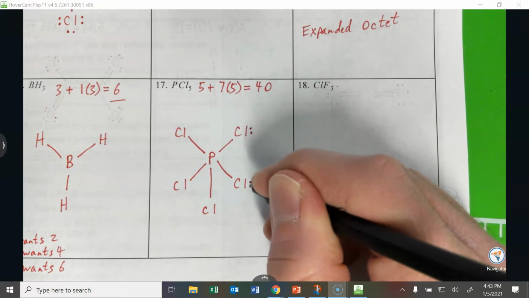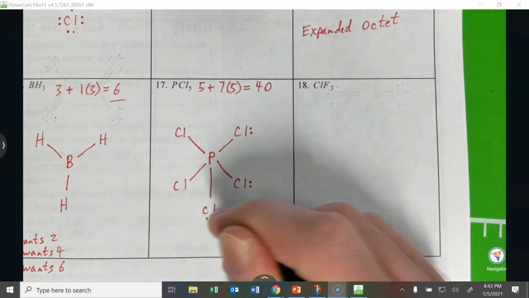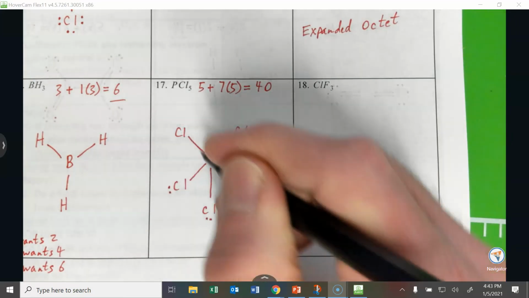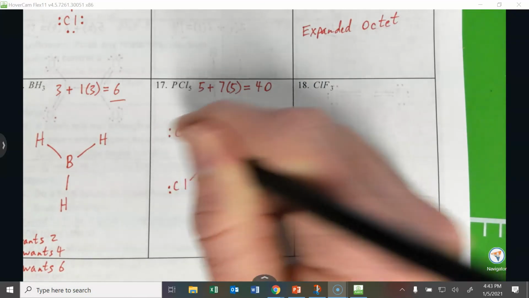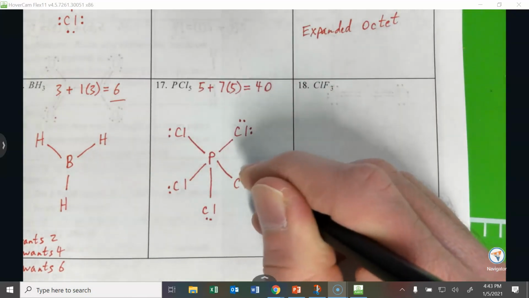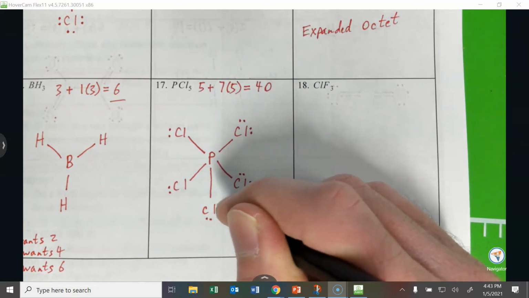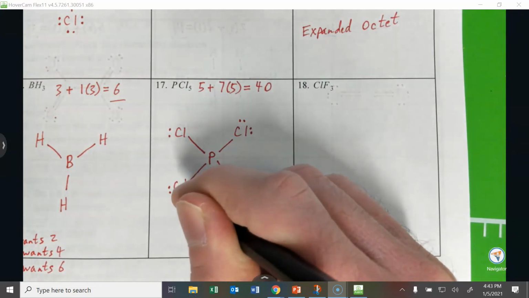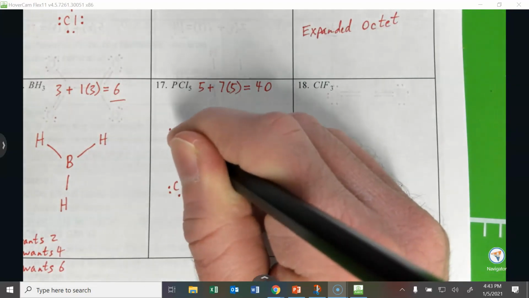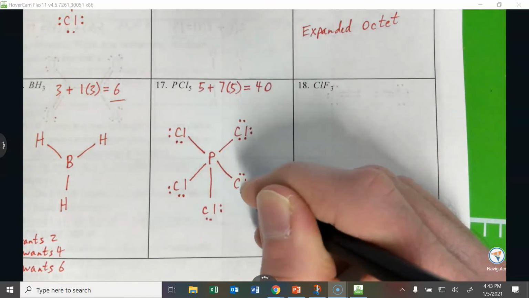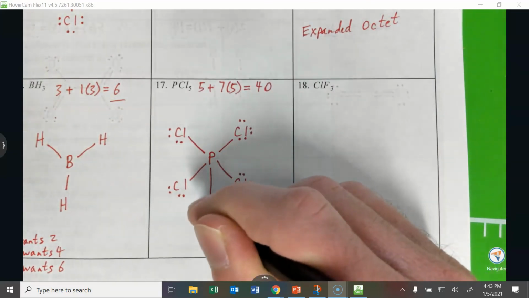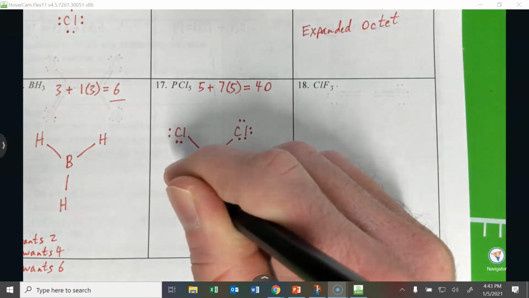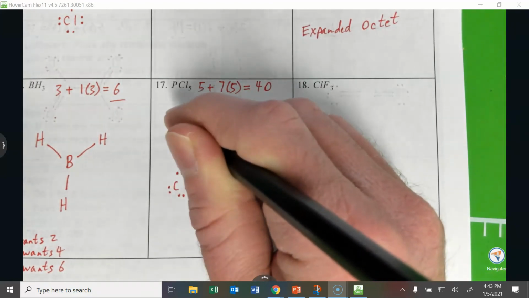12, 14, 16, 18, 20, 22, 24, 26, 28, 30, 32, 34, 36, 38, and 40.